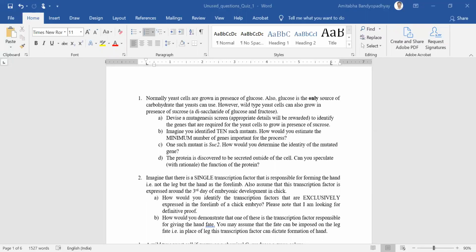No, a loss of function mutation of that particular transcription factor. So how would you do loss of function if you don't know the transcription factor? We do not know. The question says that we know, right? No. Okay, it says that there is a single transcription factor. Okay, we have to identify it.